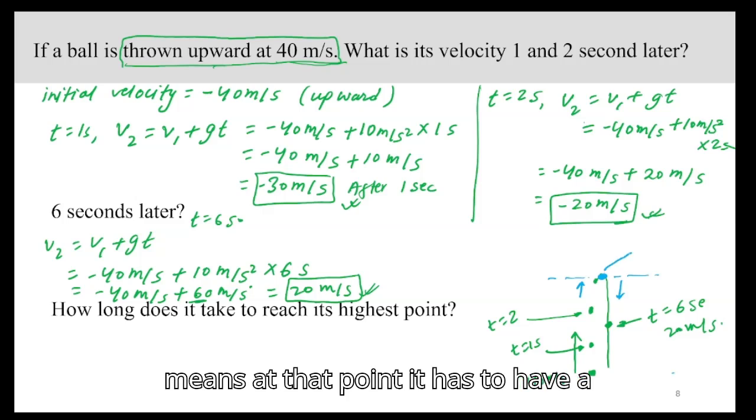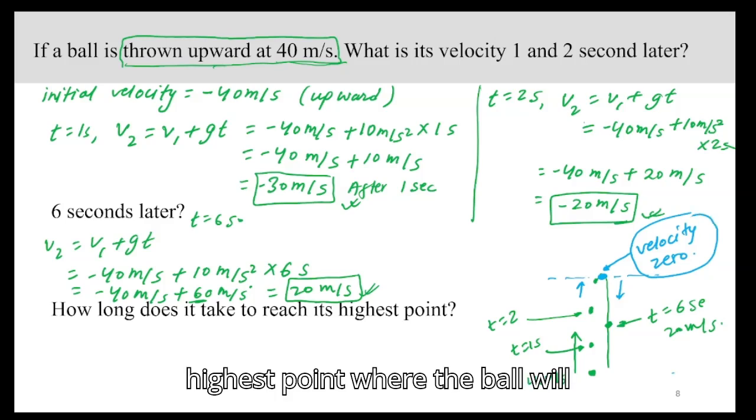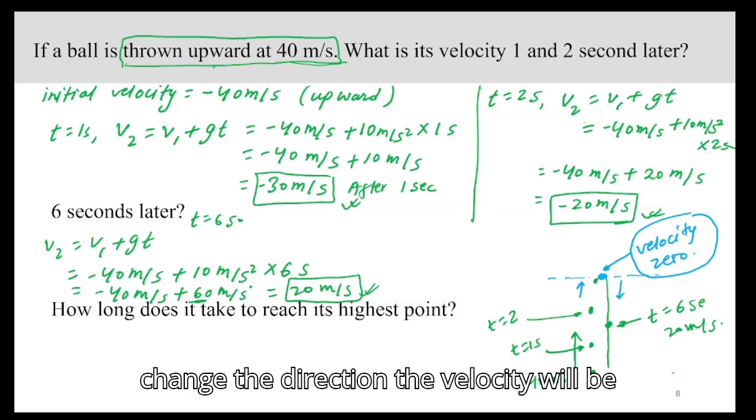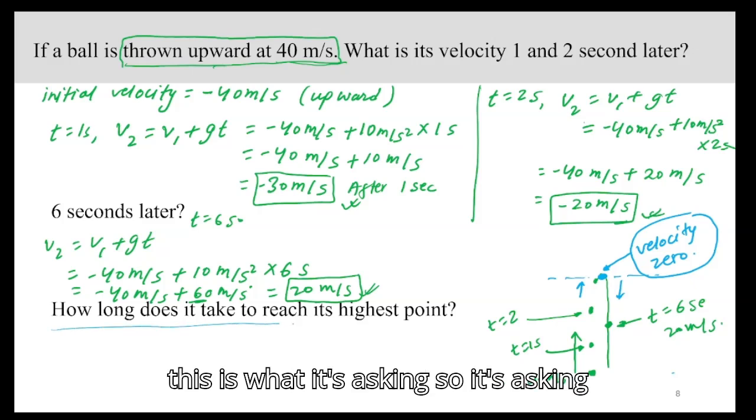That means at that point it has to have a velocity of 0, right? So that's the highest point where the ball will change direction, the velocity will be 0. And this second section is asking us how long it takes to reach its highest point. So this is what it's asking.